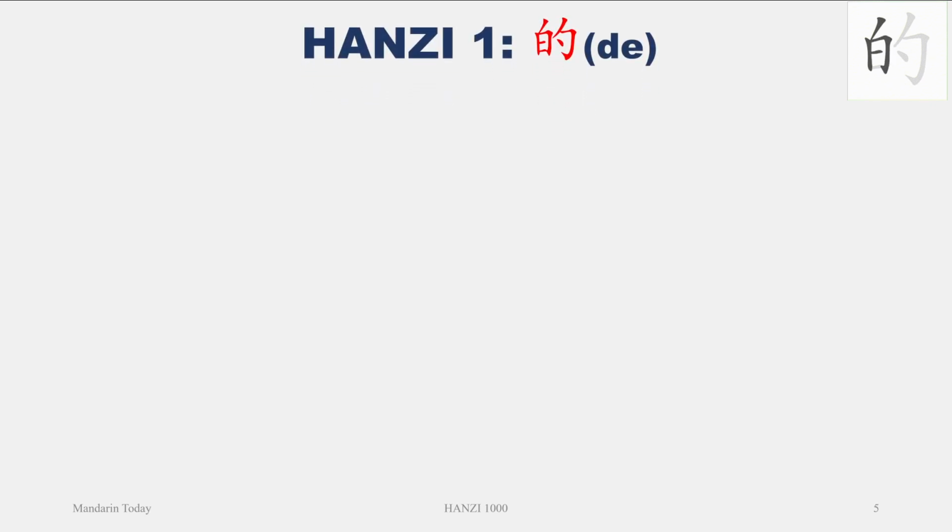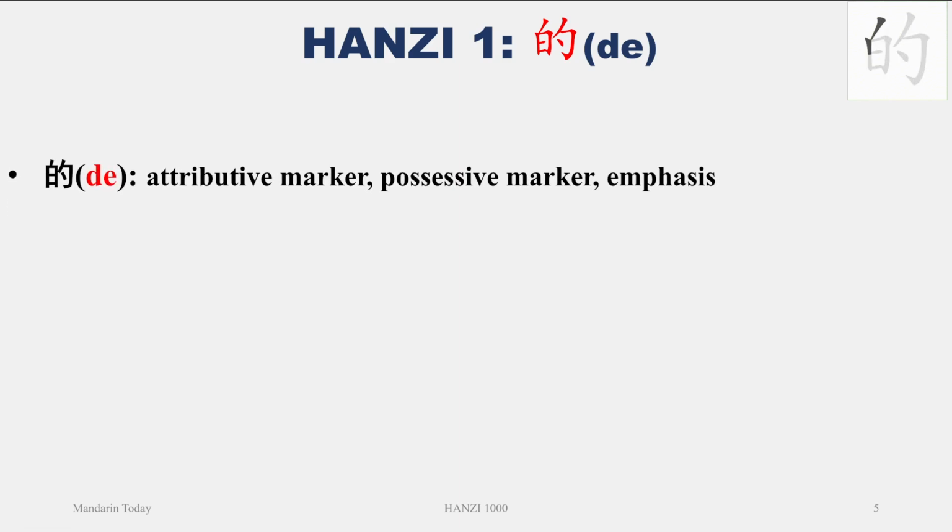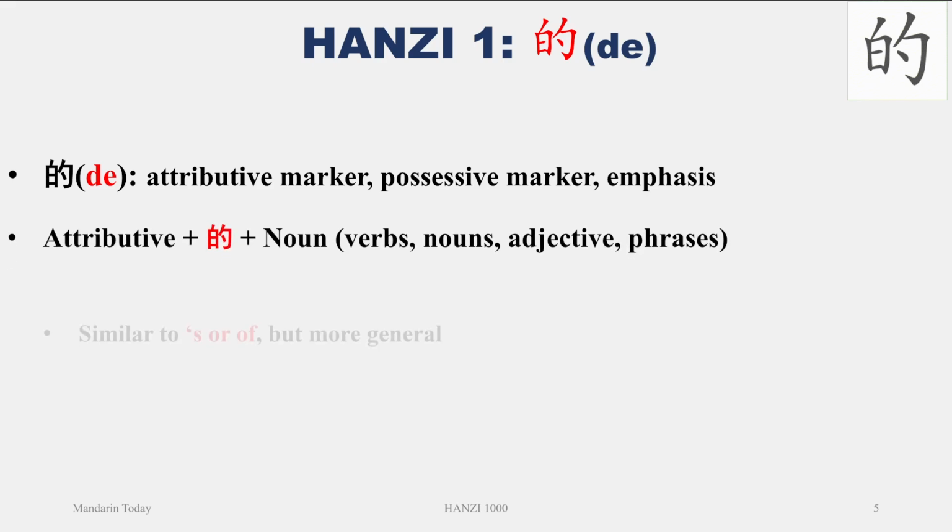And the first character we are going to learn today is the character de, pronounced as the neutral tone. Generally speaking, it has three grammatical functions: attributive marker, possessive marker, and emphasis.